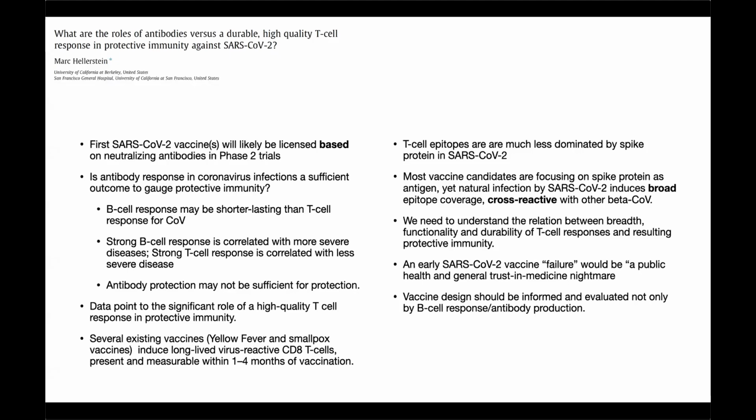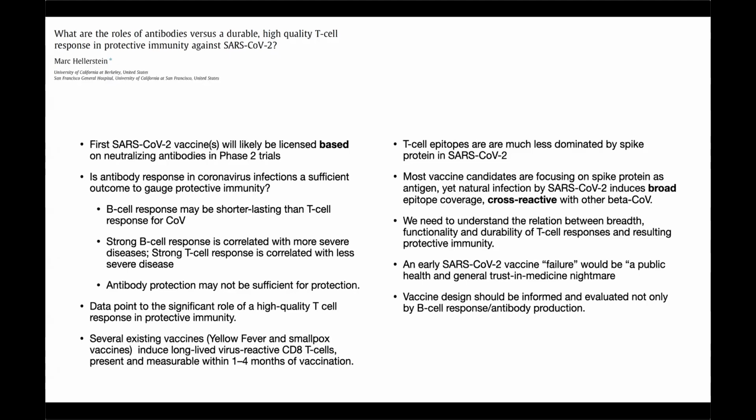There is some evidence that strong B-cell response is correlated with more severe disease, so this might be a double-edged sword. You might have an over-eager immune response that complicates disease progression, whereas strong T-cell response is claimed to be correlated with less severe disease.